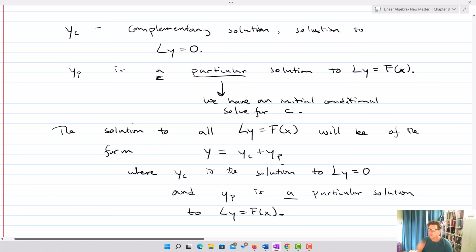Super important, because that's how we're going to structure our solutions to all of our differential equations. We're first going to think about the solution to the associated homogeneous differential equation, and then we're going to add to that solution a particular solution.